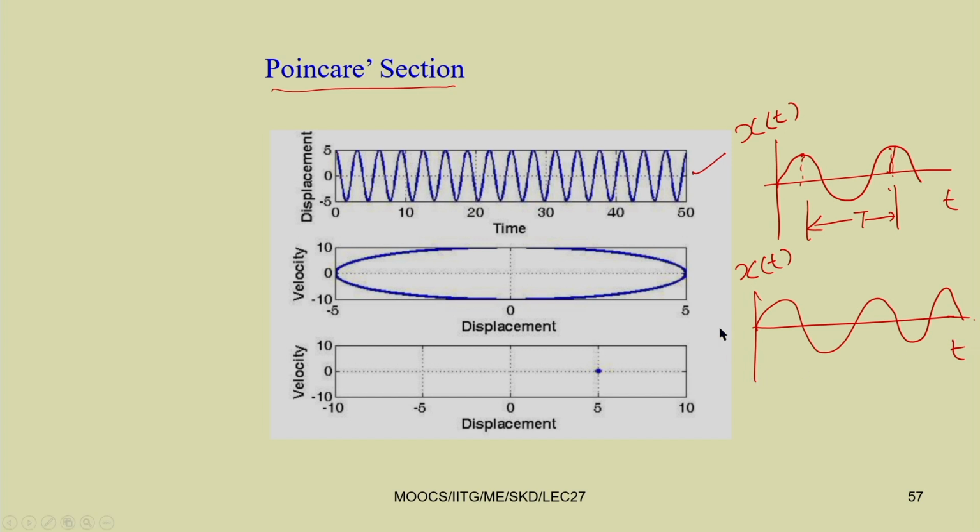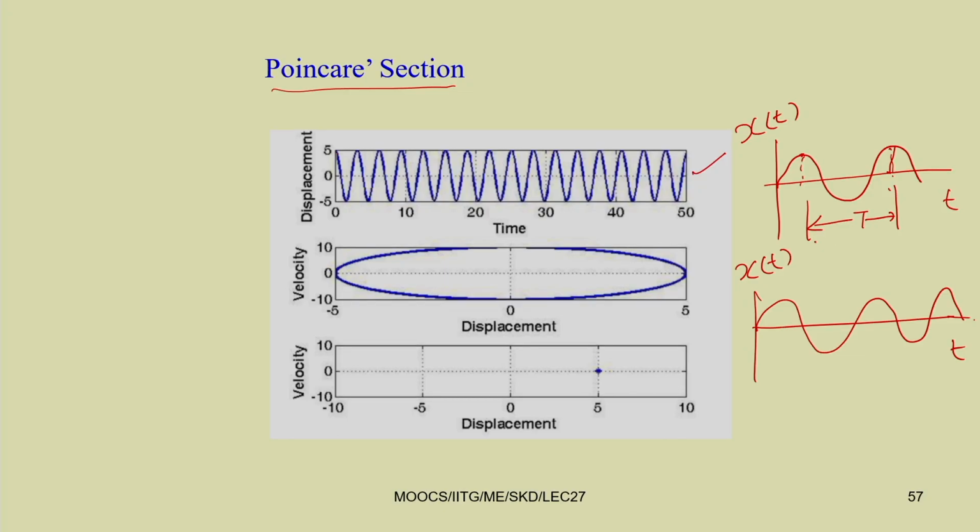It will consume more data space to store. Depending on the number of points you are taking in time t, a similar number of points will be there in x(t), and you have to store this x(t). So, it will store a large number of data points. Instead of doing that, we sample it at a regular interval of time, for example the time period.